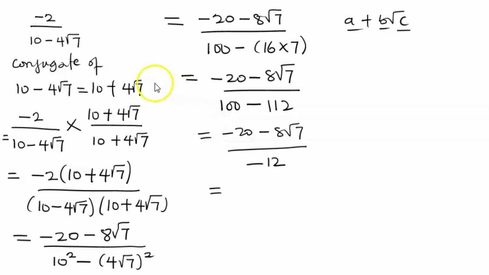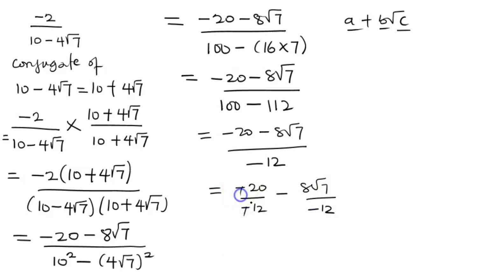So that's what we are doing now. What we need to do now is to simply use that particular denominator to divide each of them. So we have 20 divided by minus 12 minus 8 root 7 divided by minus 12.